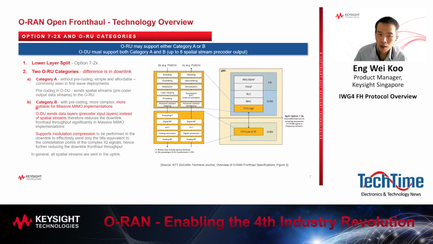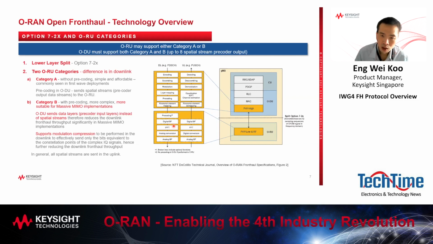Category B basically is a new generation of ORU. It's more ideal for massive MIMO implementations, especially for frequency range 1, sub-6, sub-7. It has pre-coding basically within the ORU. So the ORU now is more complex, it's smarter.